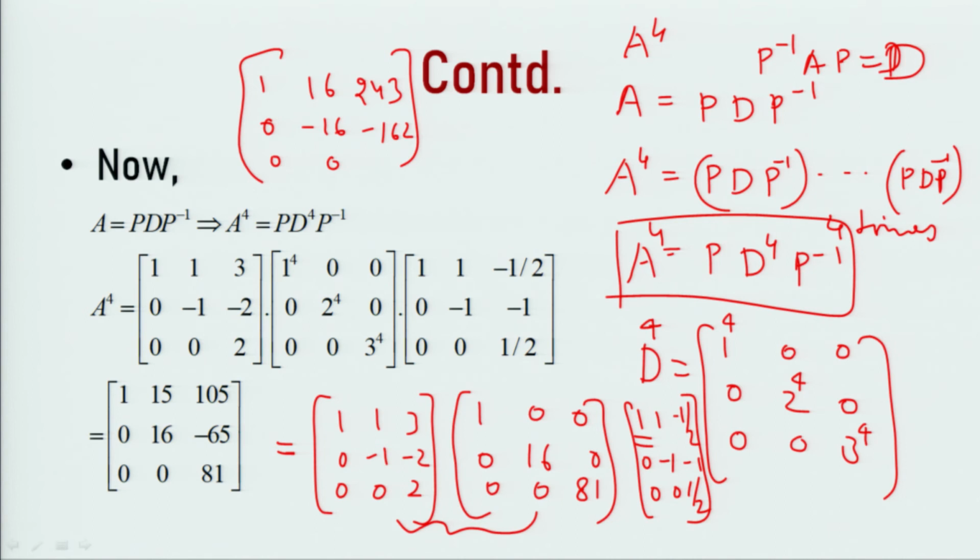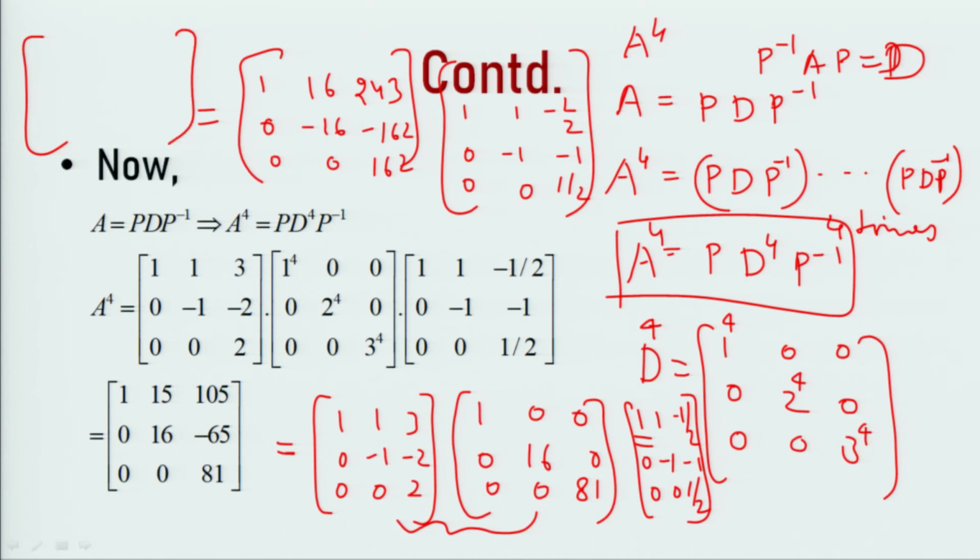Now multiply this by the right hand side matrix 1 1 minus 1 by 2, 0 minus 1 minus 1, 0 0 1 by 2. Multiplying the first row into the first column, we get 1.